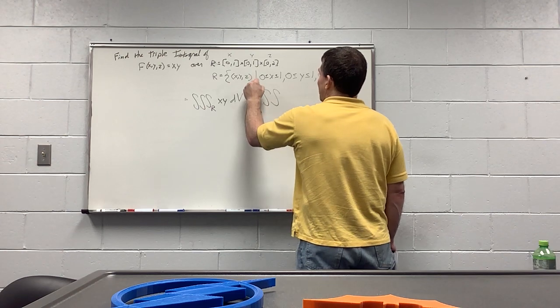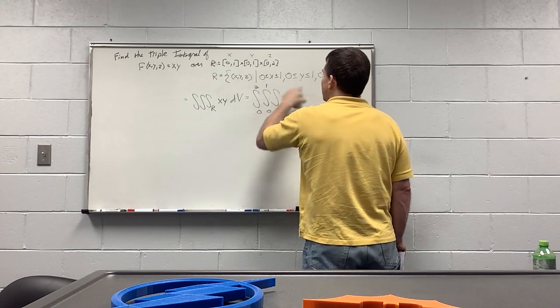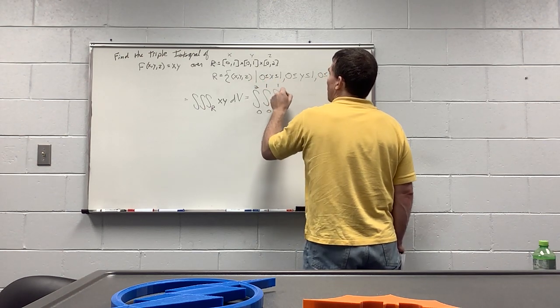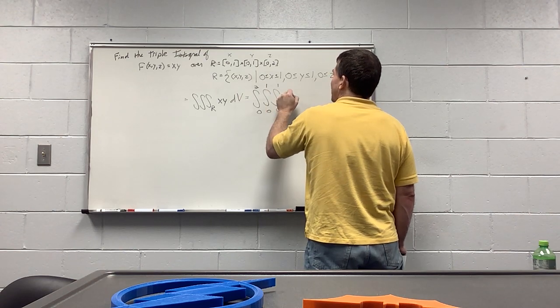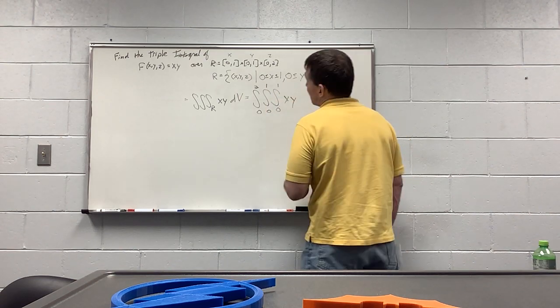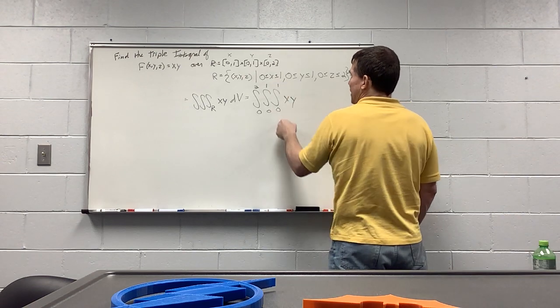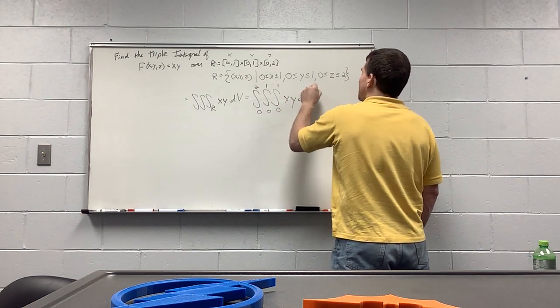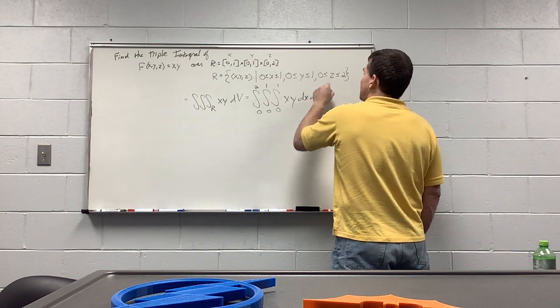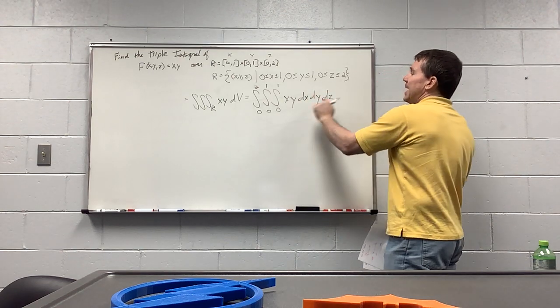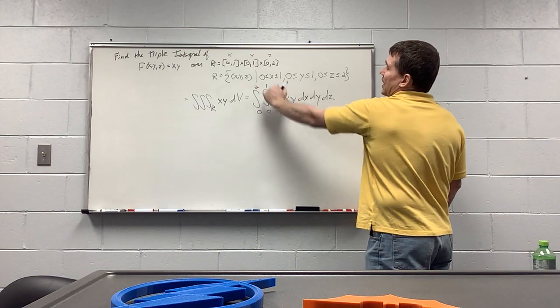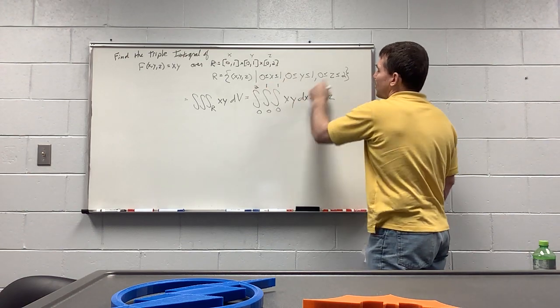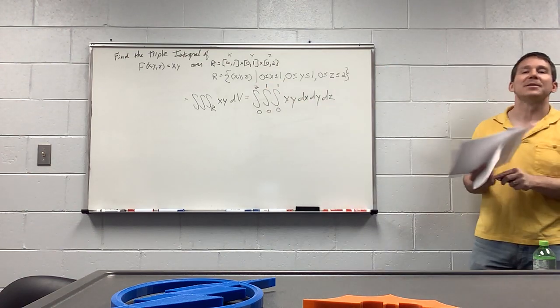I'll just do a reverse order. 0 to 2, 0 to 1, 0 to 1 of the function xy. And 0 to 1 is on the inside, which I'll say is dx, then 0 to 1, which is dy, then 0 to 2, which is dz. Make sure the order of integration here lines up with those limits. Outermost, etc. You all know how this works.